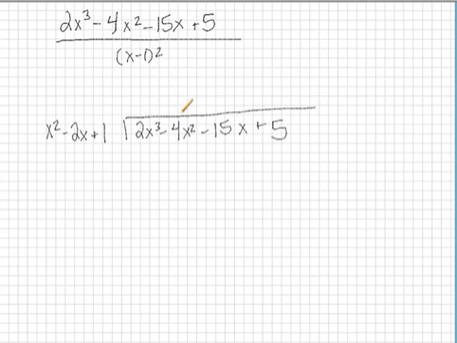Now I have to decide where to place that 2. If I place it here, I have to bring up the x to the third. What I'm going to do then is multiply x to the third times x squared, and that's going to go in here. If I multiply x to the third times x squared, I get x to the fifth. That is bigger than this degree of x here.